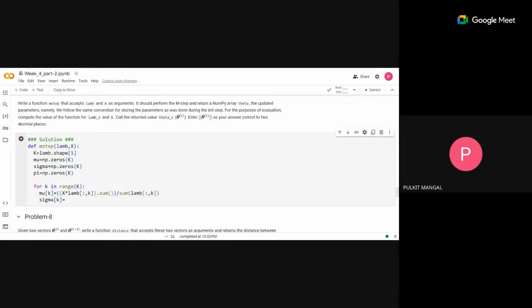Okay, let's see. So same way you will update the sigma k and pi k. So for sigma k, what is the formula? Summation from i equal to 1 of lambda ik into x minus mu k square, divided by again the sum. So it is x minus mu k, and this everything we will square it.